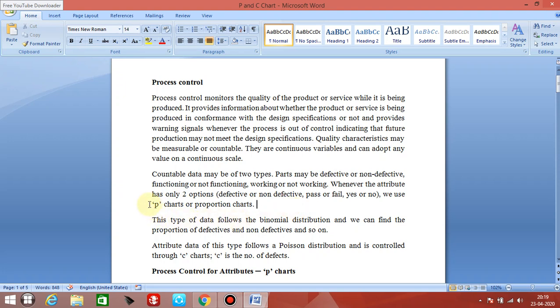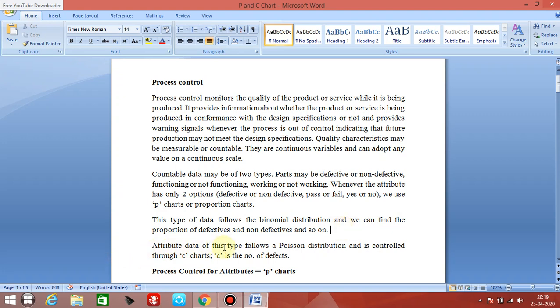Now here, as we have only two options, defective or non-defective, it follows binomial distribution, because in binomial distribution we know that there are only two options. One is probability of defective, another is probability of non-defective. So that's why this type of data follows the binomial distribution.